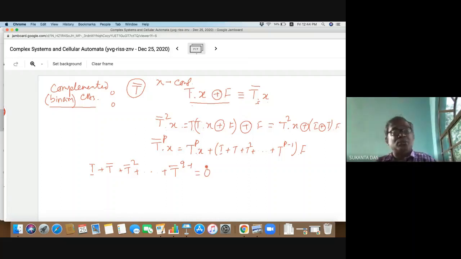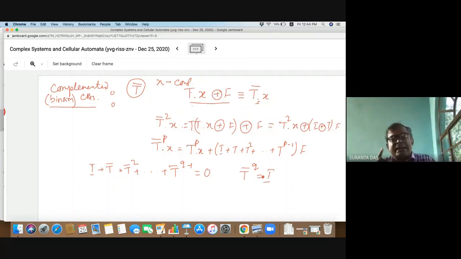The relation I have shown before for cyclic group is followed. And this one, I shall show, is equal to I.